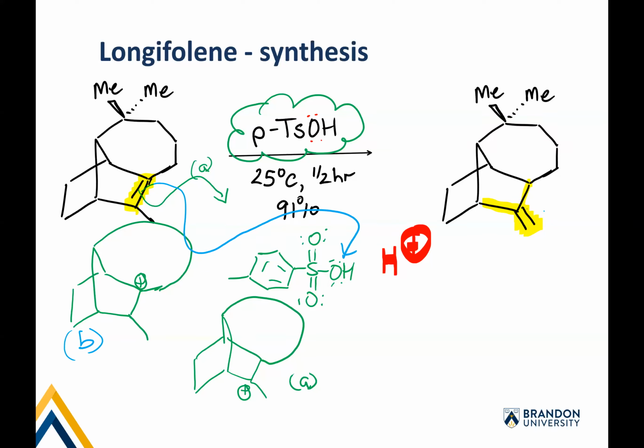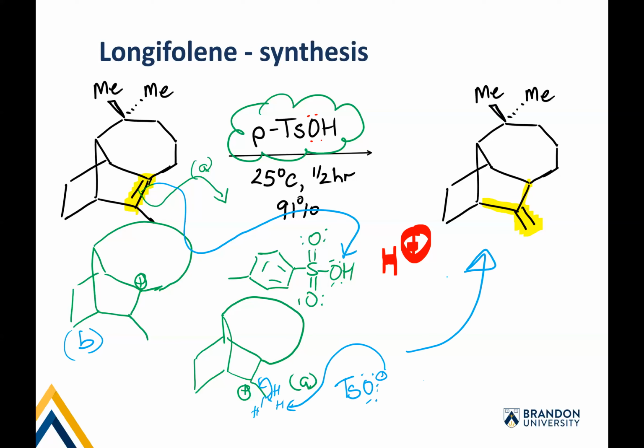So we basically need to remove, if this has got, say, 3 protons here, the conjugate base of this would just basically come and grab one of those protons and you'd form your double bond.